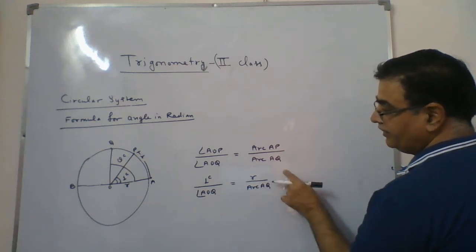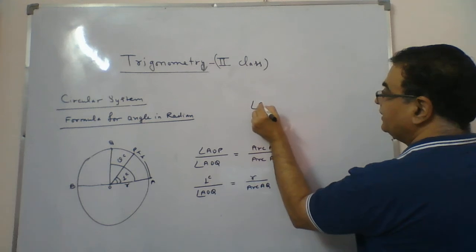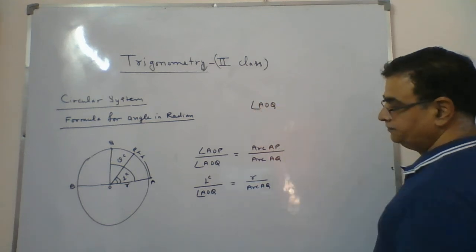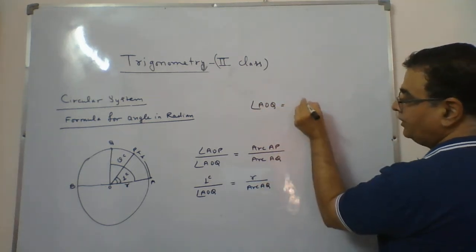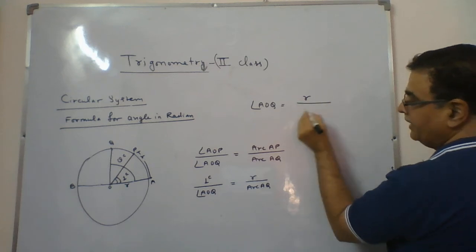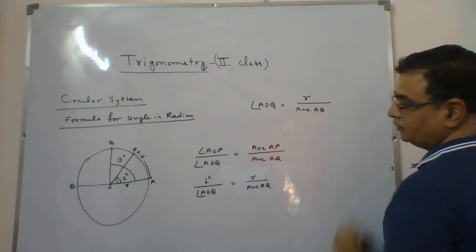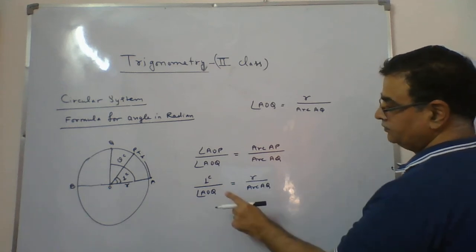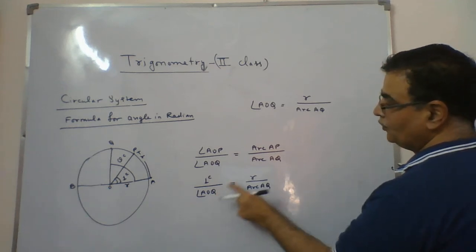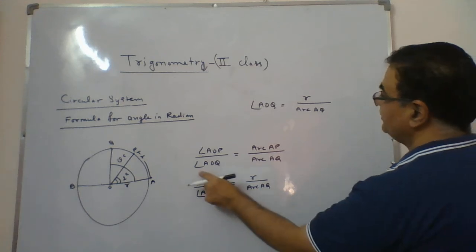Then we want angle AOQ to be calculated. So this term I'll take this side. Angle AOQ will be what? r by arc AQ, and AOQ will go this side, so it will be opposite.